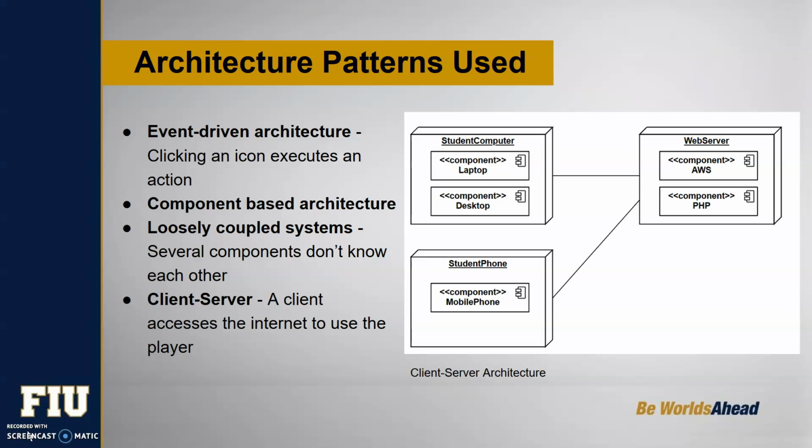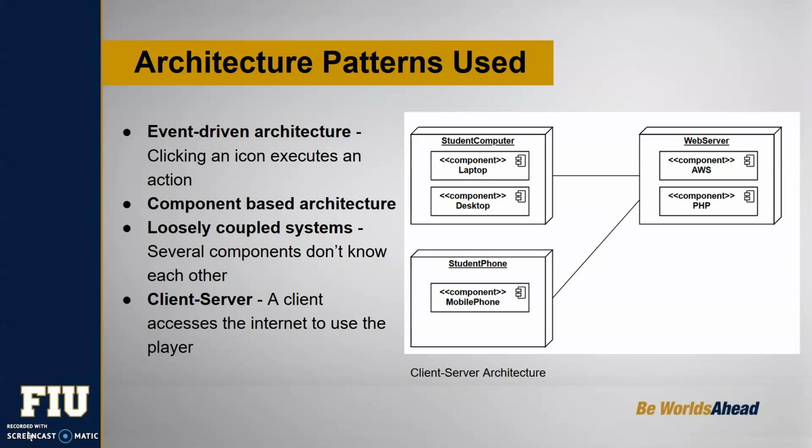Component-based architecture, we use that. For example, we use a desktop and a laptop for development, and a mobile phone for testing, also for development. Loosely coupled systems, many of the components don't really know about each other. For example, the laptop and the phone don't know of each other. You can create an app for one.